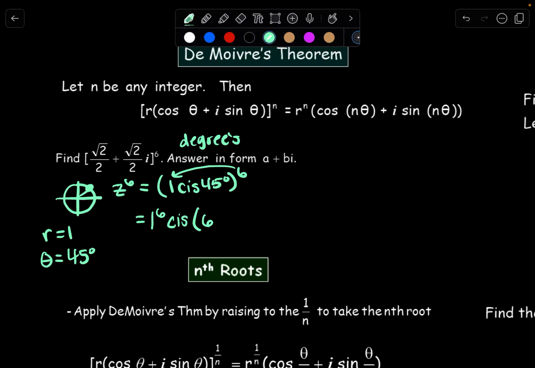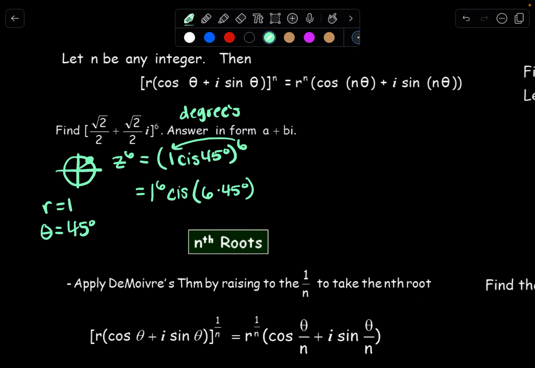So we'll have 1 raised to the 6th CIS with an angle of 6 times 45 degrees. And then from here, just simplify and shorten it up. So we have 1 CIS, 6 times 45, that's going to give us 270 degrees. And that is within 0 to 360, so we don't need to adjust that in any way, shape, or form.